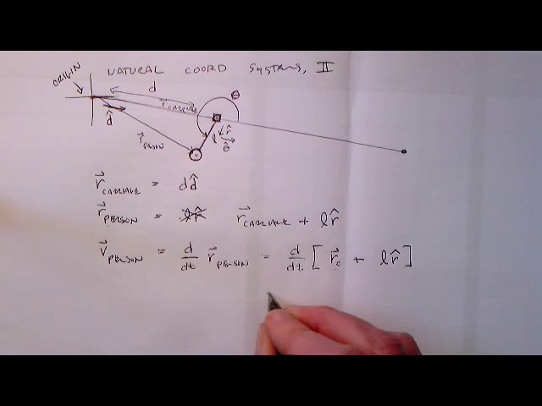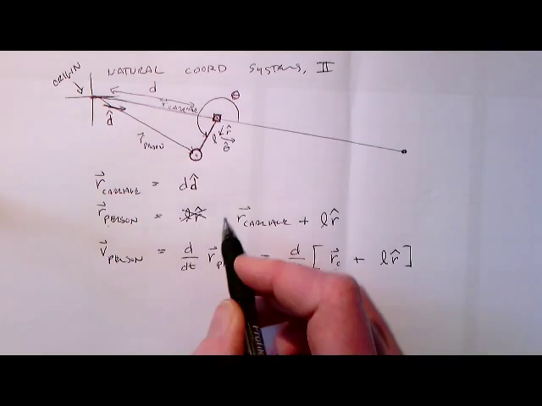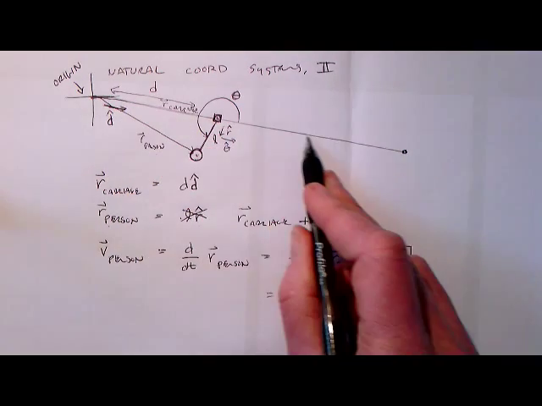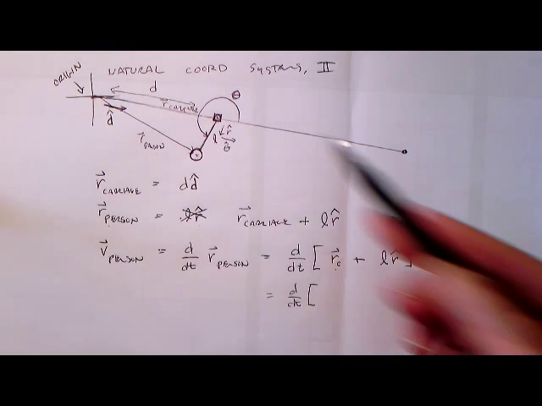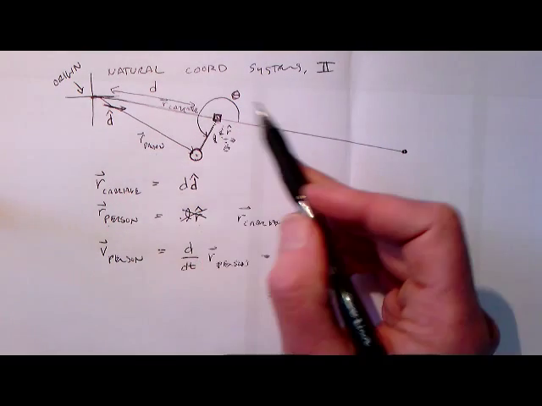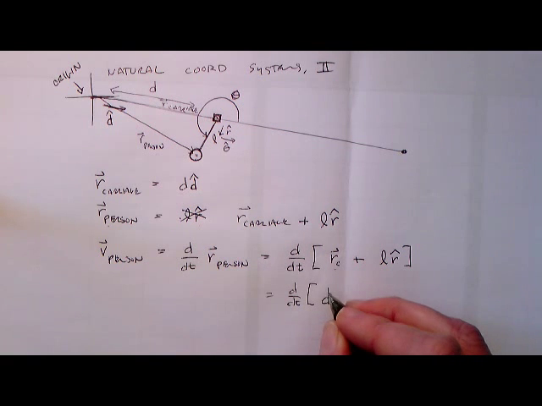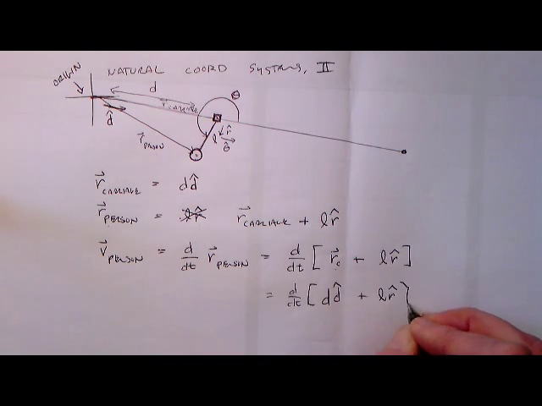Well, r carriage is simply d times d hat. d hat is a unit vector that just points along this cable, and it never changes, since the direction of the cable is fixed, assuming we're not dealing with sag in the cable. That would make our lives a whole lot more interesting. But since d hat is fixed, the only thing that can change here is d.